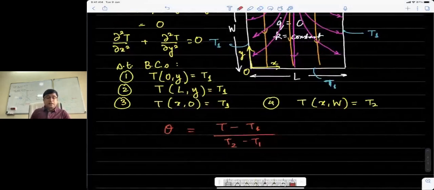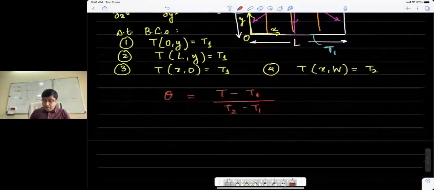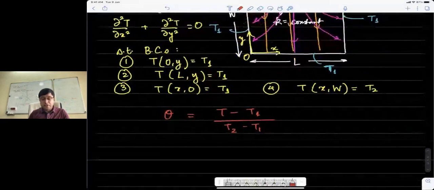I'm going to define theta in this way because, as you can see, there is no heat generation. So the maximum temperature can be T2, minimum will be T1 in this problem.